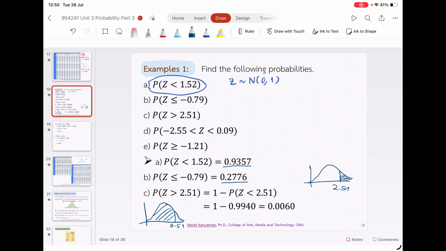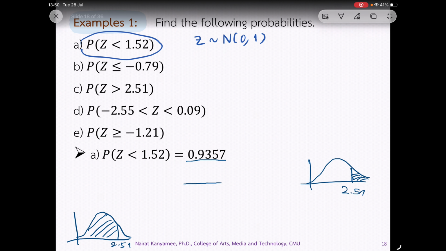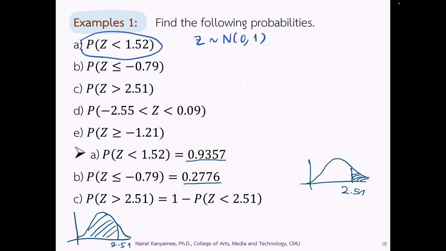That means P of Z greater than 2.51 is 1 minus P of Z less than 2.51. The probability of the area under the curve, 1 minus this, gives you the area of the right tail, right?